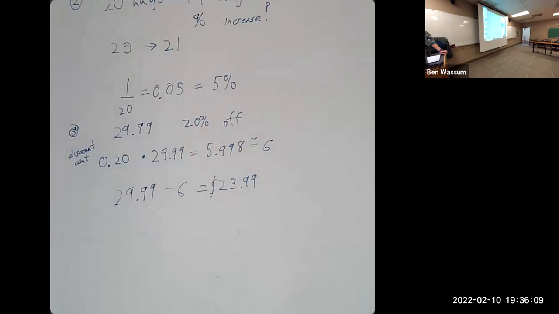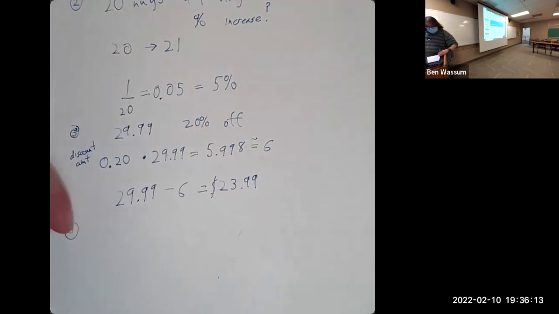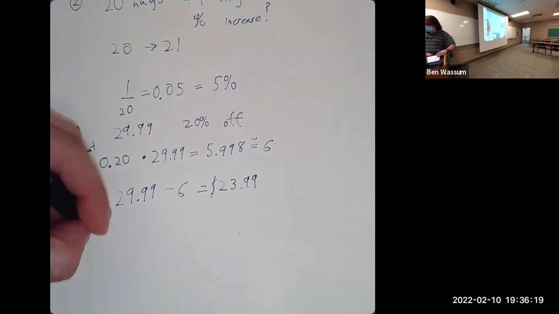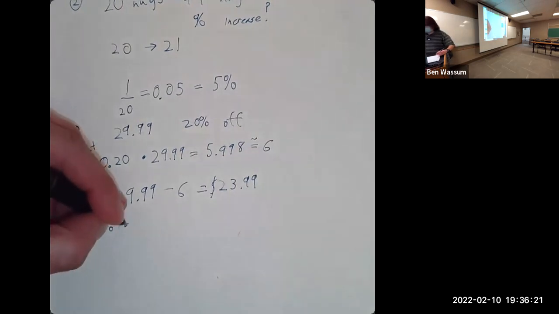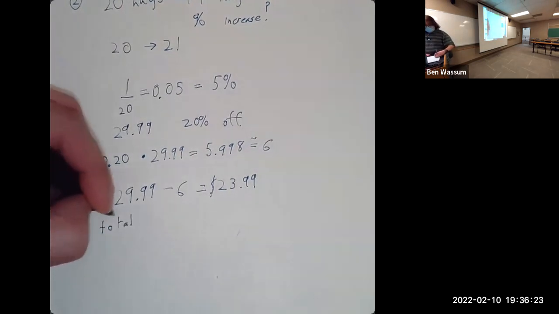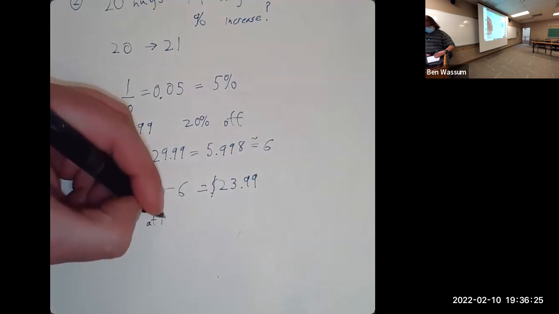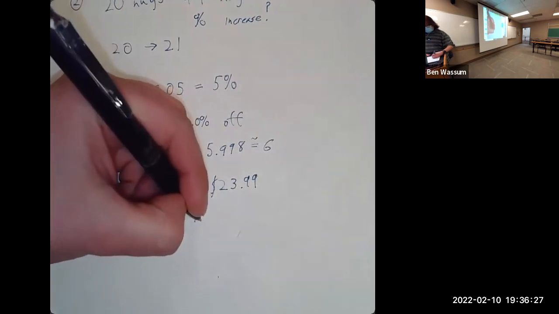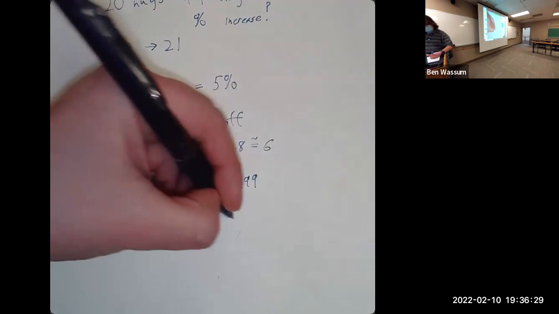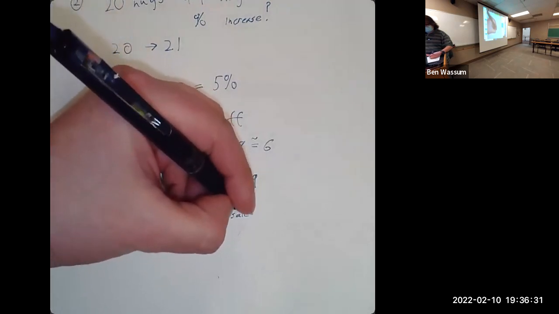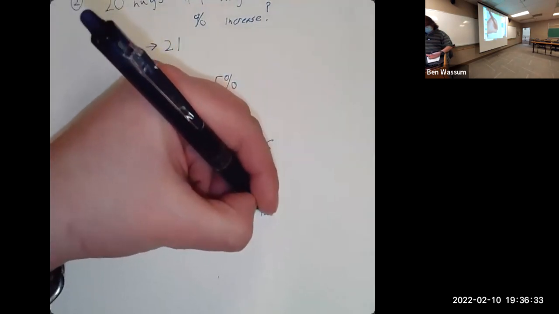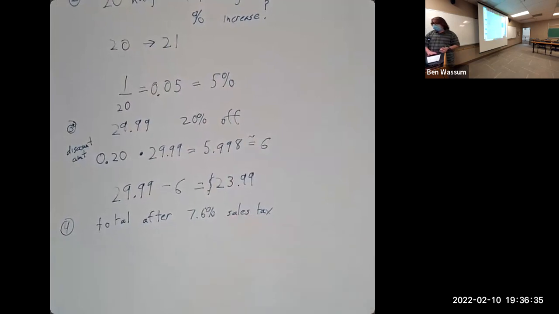Now, number 4 has us referencing number 3. What is the total after the 7.6% sales tax? So we're assuming this is sold in Carson City.